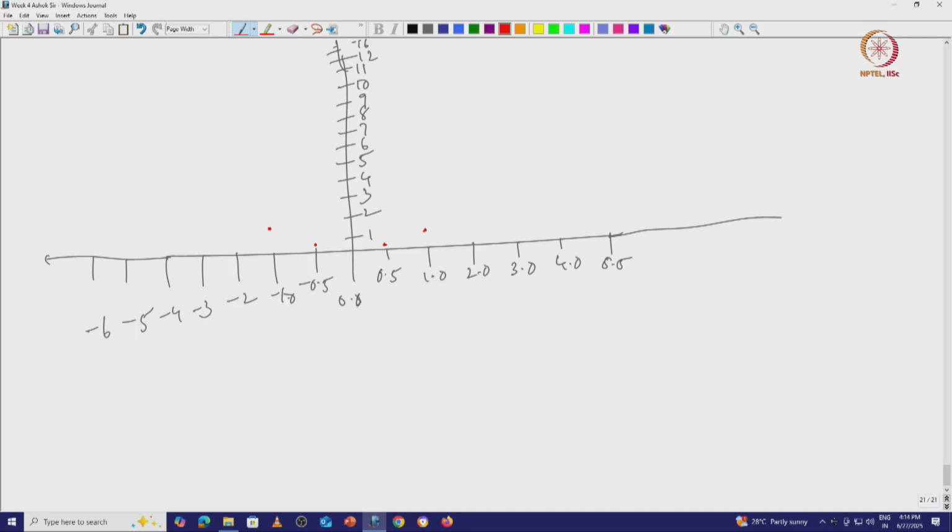So 4 points here. Then 2, 4, minus 2, 4, 3, 9, minus 3, 9, 4, 16, minus 4, 16. Now this is how it looks.